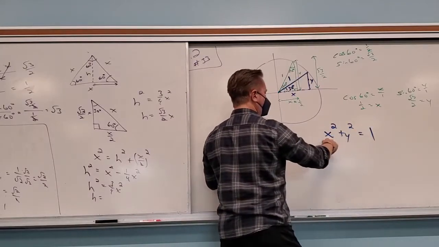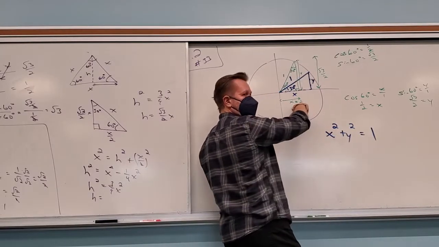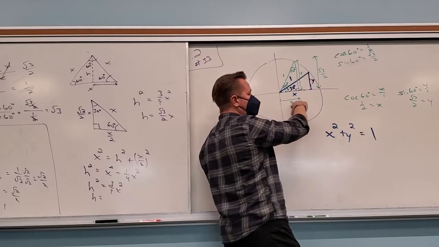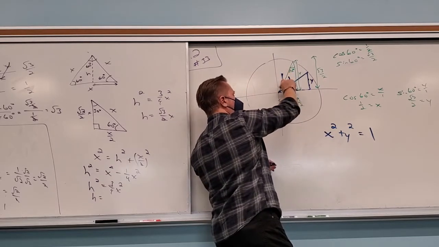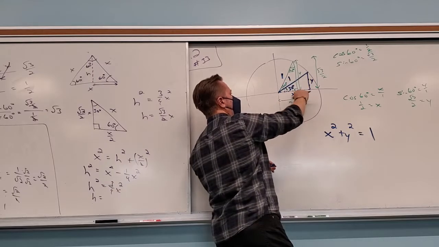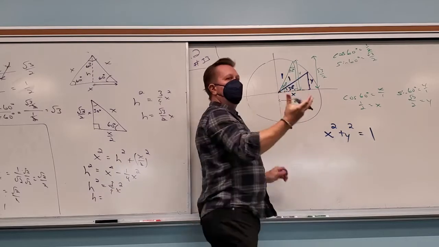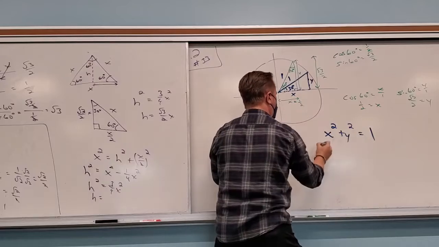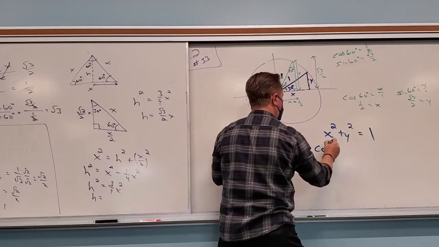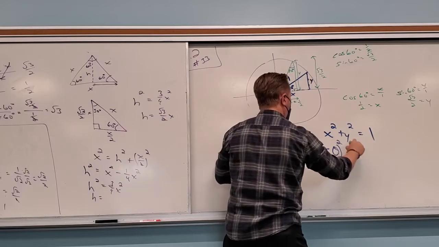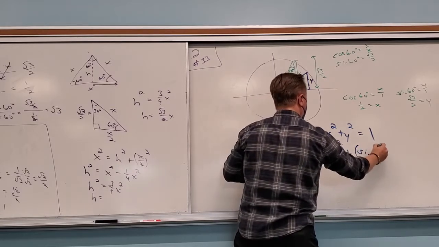And isn't x the cosine piece? Now be careful, x doesn't equal cosine. It's because the hypotenuse is 1. Cosine is x divided by this, but that's divided by 1. So this is the cosine piece. What am I calling it? Let's just say theta. Y is the sine piece.